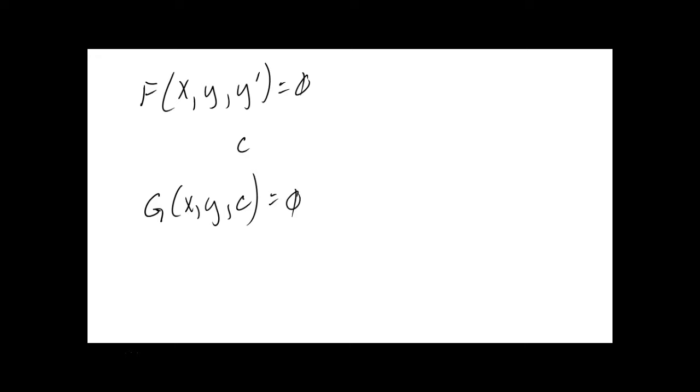When solving an nth order differential equation, where you've got n derivatives, that would be y prime, y double prime, y triple prime, dot dot dot up to y to the nth, then you would typically have an n-parameter family of solutions.